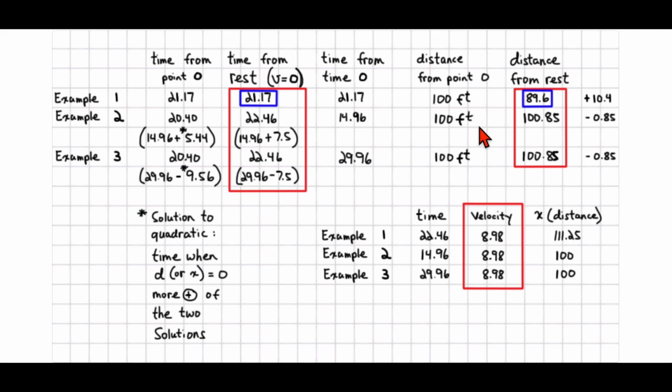For example 2, 100 feet from point 0 takes 14 and 96 hundredths seconds, and that body travels a little bit farther than 100 feet because remember it has to travel that extra 85 hundredths of a foot, so it travels 185 hundredths feet from rest. Example 3, 100 feet. It's going to take 29 and 96 hundredths seconds to travel that 100 feet, but that's traveling 185 hundredths feet from rest. So 89 and 6/10 feet from rest, 185 hundredths feet from rest for examples 2 and 3.